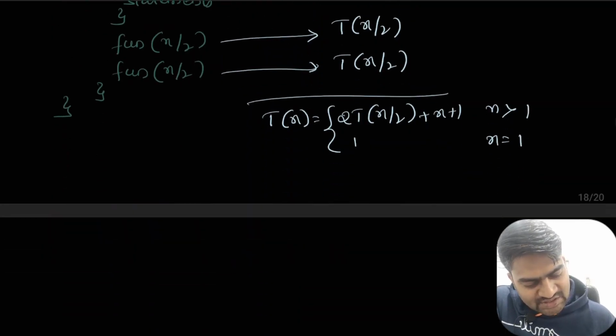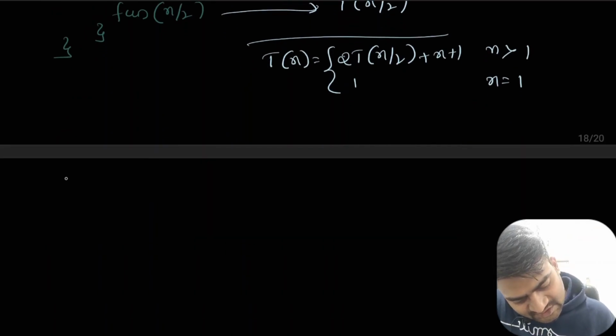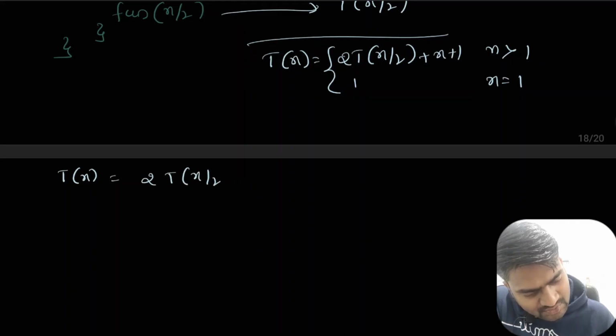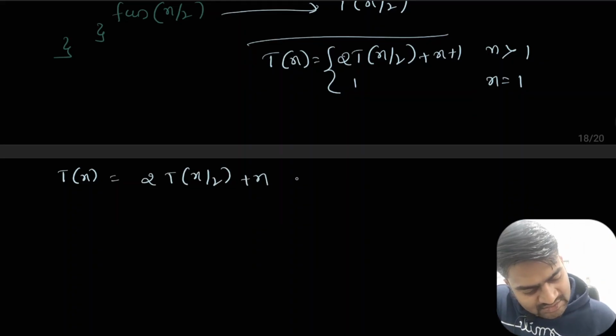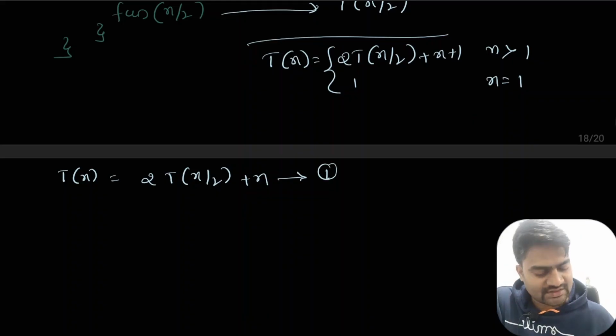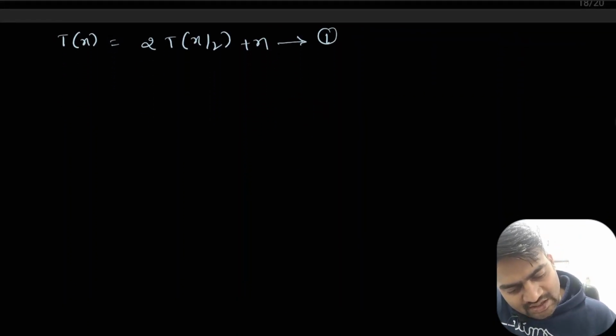So now let us again do the same thing. Let us take the function Tn equal to 2t of n by 2 plus n. I'll ignore 1 for simplicity. Now this is my first equation. Okay, so now I want t of n by 2.